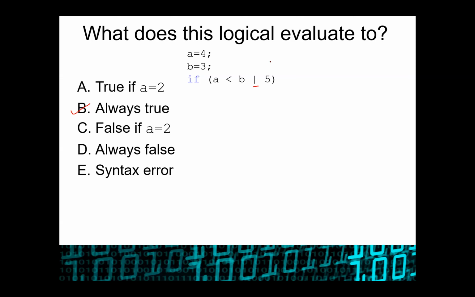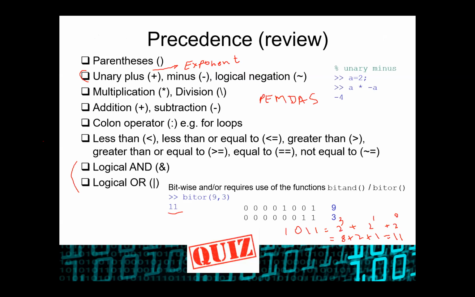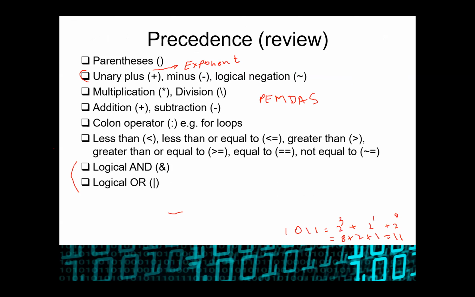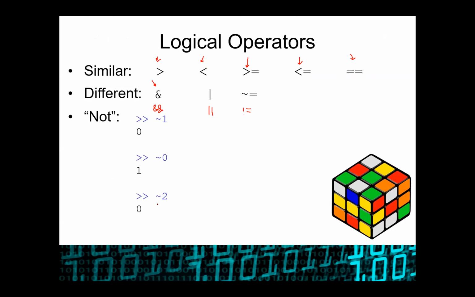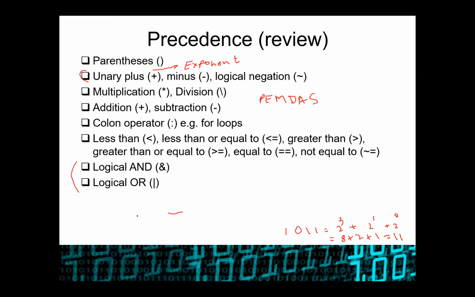So if you remember, let's go back to this thing here. So not 2 was 0 because 2 is true. And if you invert the true, not true, it becomes false. And I think we did some examples like this even in the C++ section.